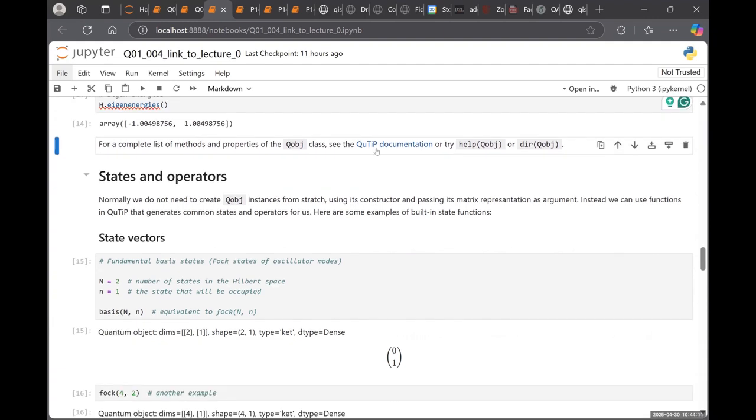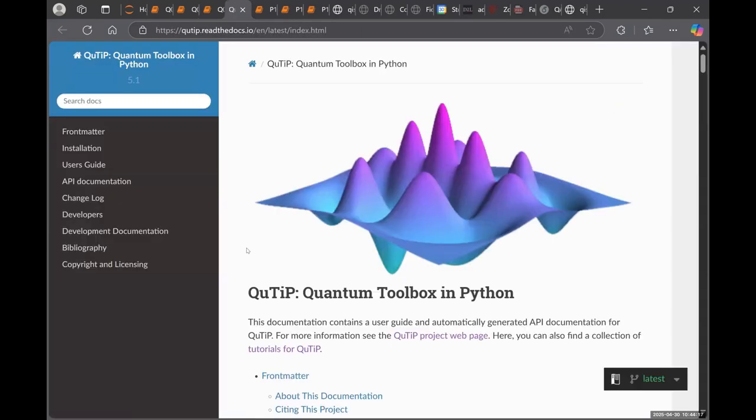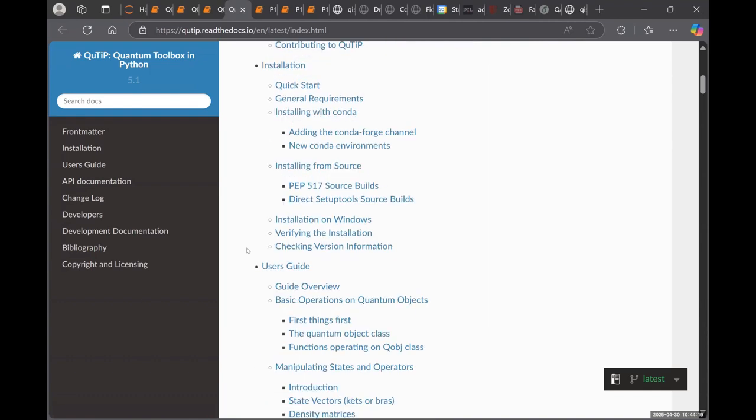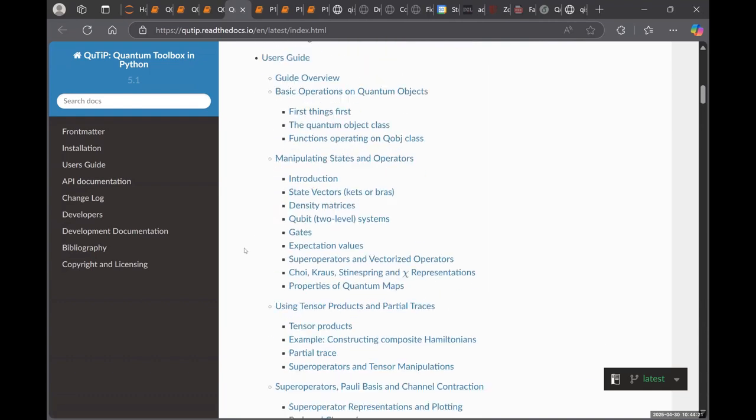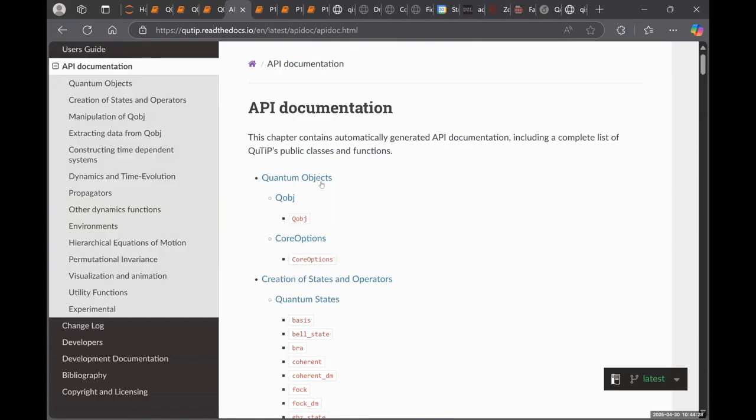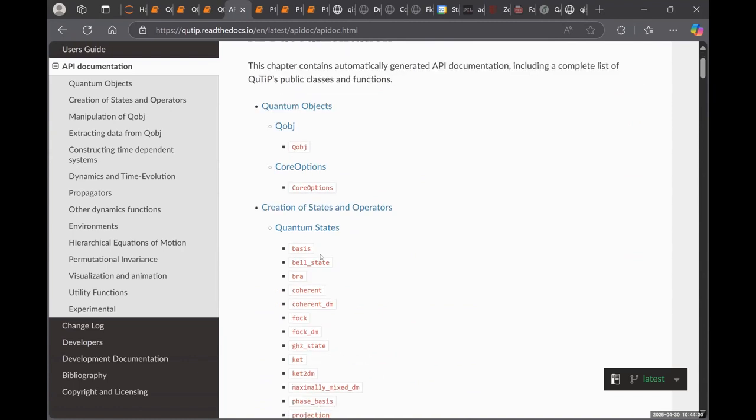Okay, the QuTiP documentation. If you want, you can go there. So this API documentation has a lot of these, for example, this object, right?